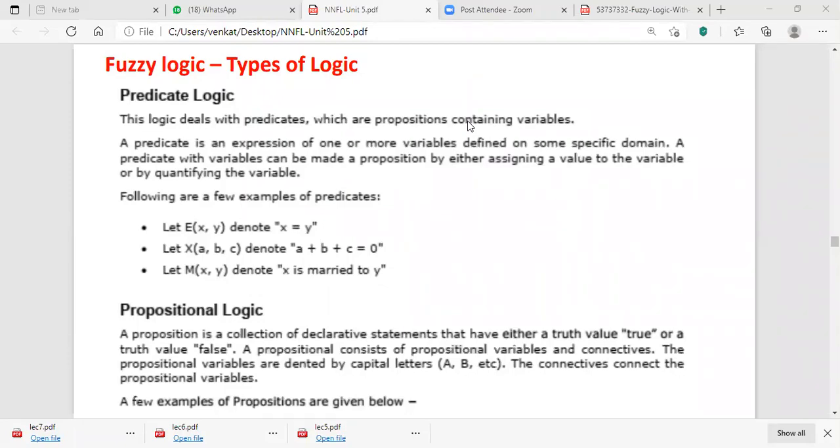So you may be quantifying the variable. The actual meaning of predicate is that you are estimating, you are predicting the solution. Some examples are indicated here.